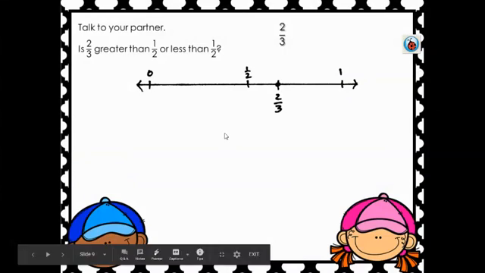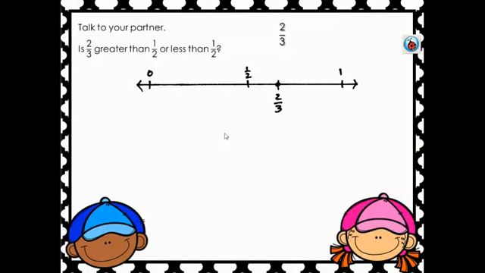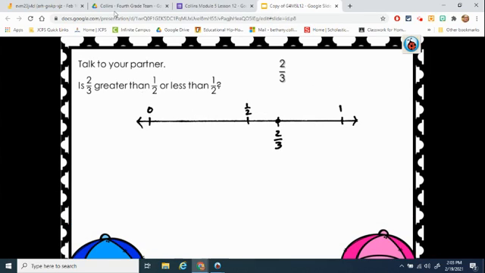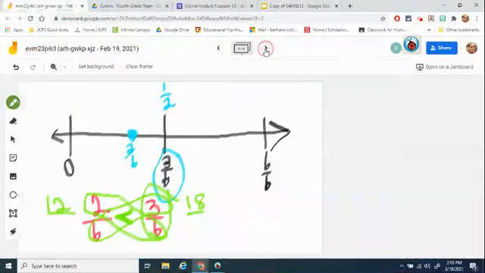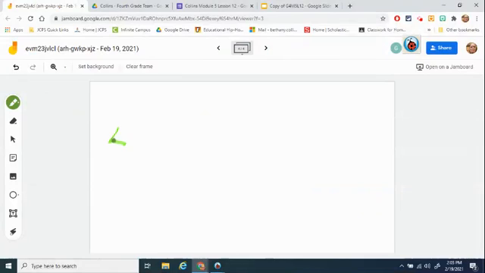Okay, so now let's look at this. We've got 2/3. Is 2/3 greater than 1/2 or less than 1/2? Well, all right, 2/3, if we think about it, let's go back over here to my Jamboard. And we're going to split.